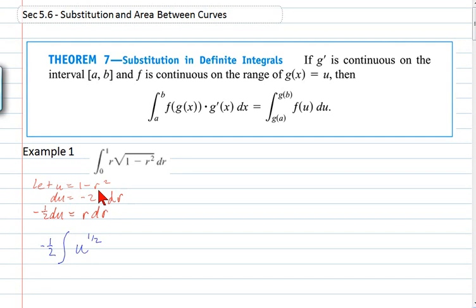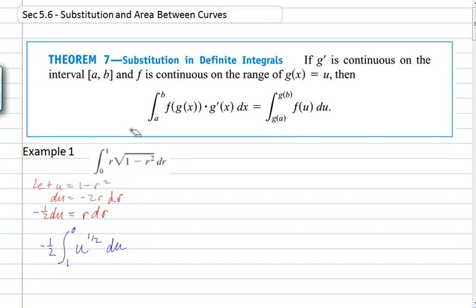So that's 1 minus 0, which is 1. Then to get our new upper bound, we plug the 1 in place of r in the function u, and we get 1 minus 1, which is 0.